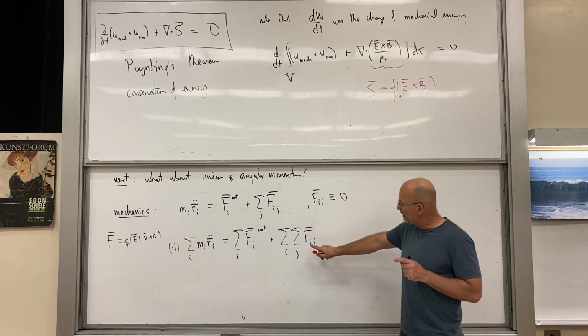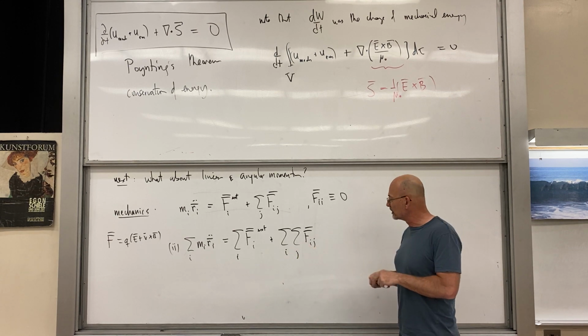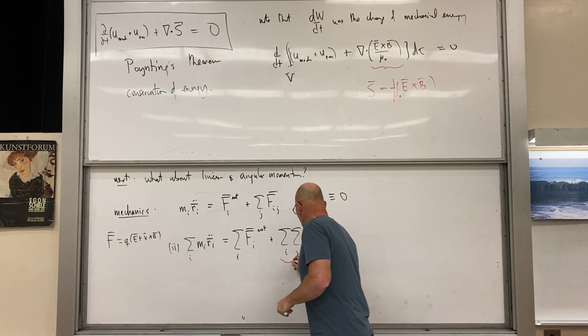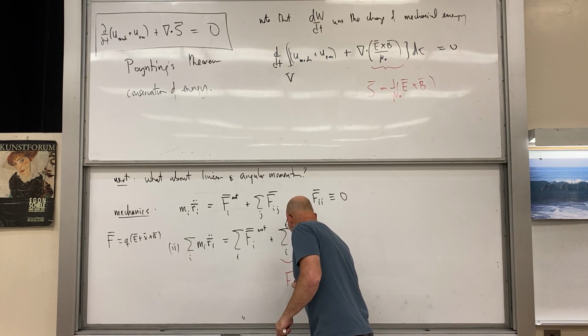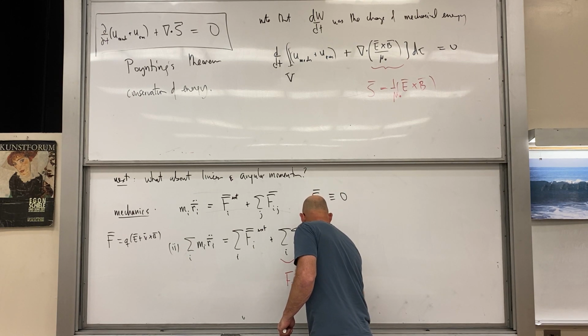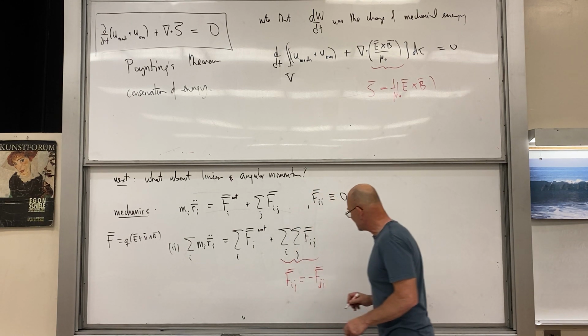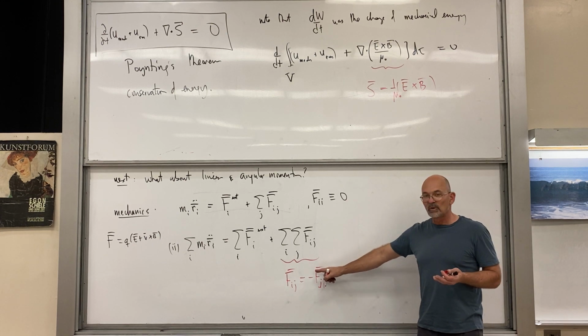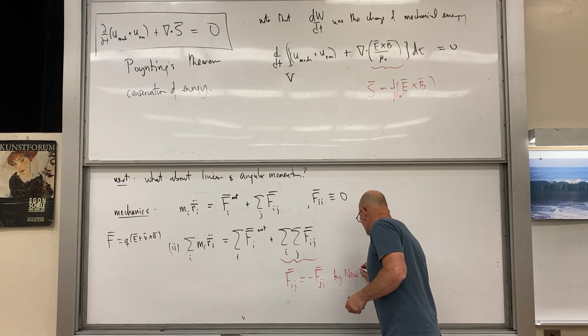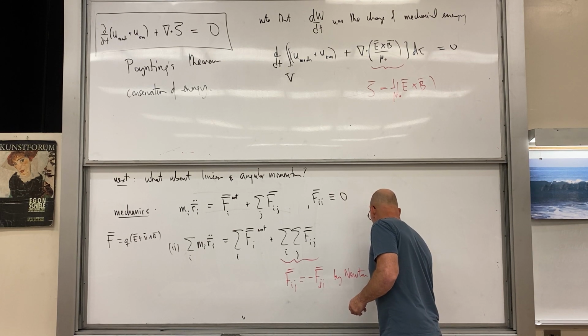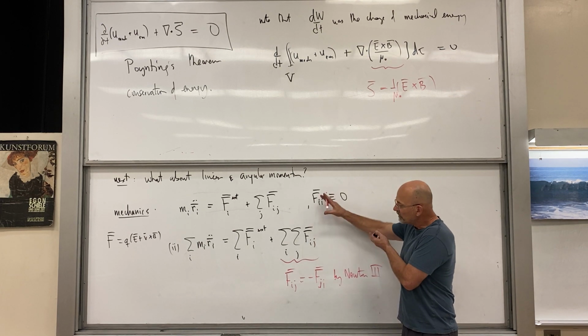And what we did was we assumed Newton's third law. And then every pair of forces here would cancel. Because for every ij, you'd have a ji, and they'd be equal and opposite by Newton's third law. And that made this whole sum go away.